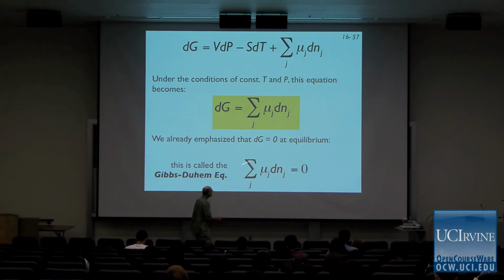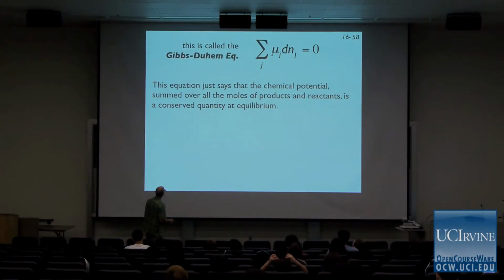Things can move around in a system at equilibrium, but this summation cannot change; it's got to be equal to 0. This equation just says that the chemical potential summed over all the moles of products and reactants is a conserved quantity at equilibrium. That's all it says.